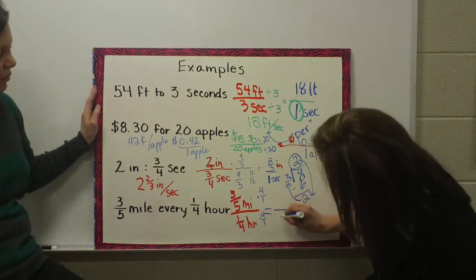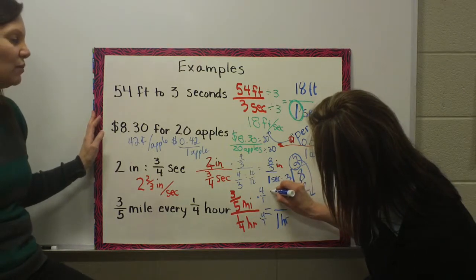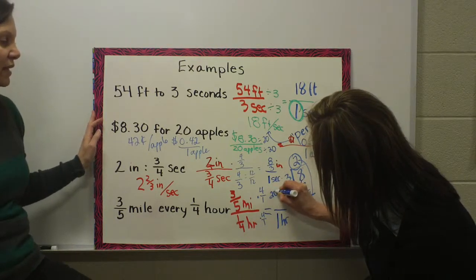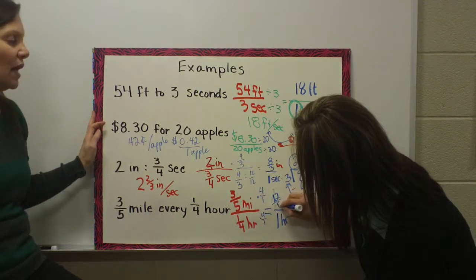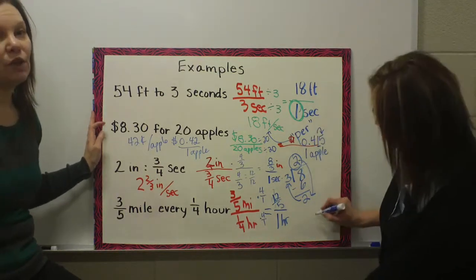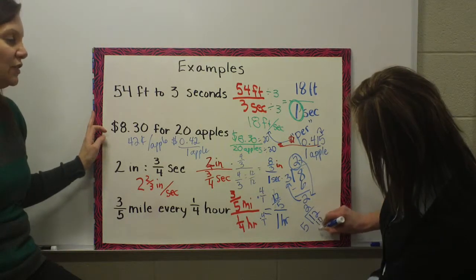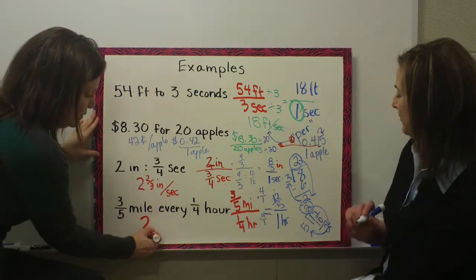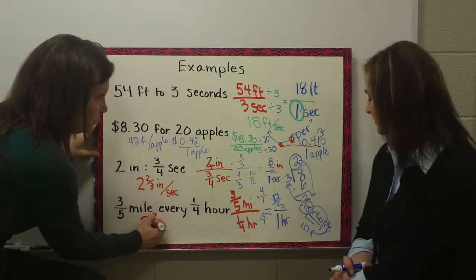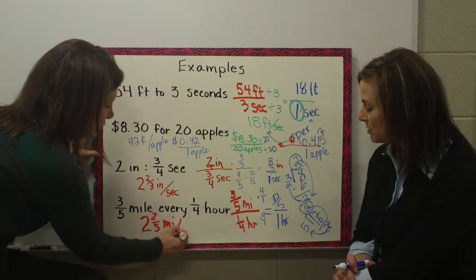So Mrs. Armentrout wrote that out. We're going to end up with 1 hour as our denominator, and for our numerator, we'll end up with 12/5 of a mile. Same here, we're going to find out how many full miles and then what partial mile is left over when we write our final answer. And 12/5 gives us the mixed number of 2 2/5 of a mile per hour.